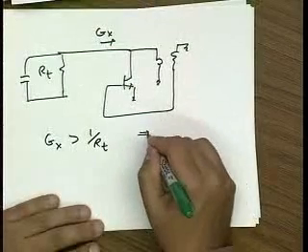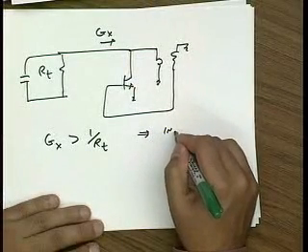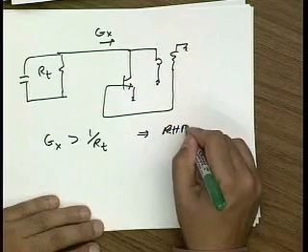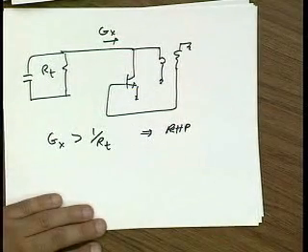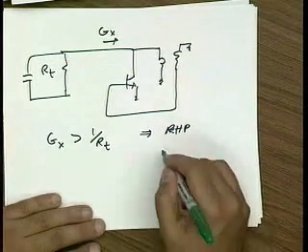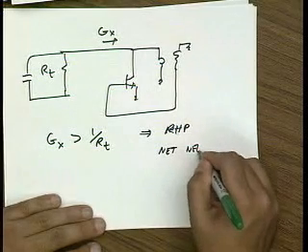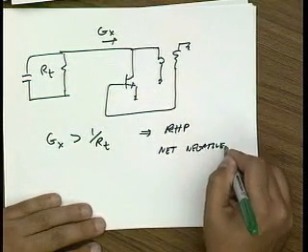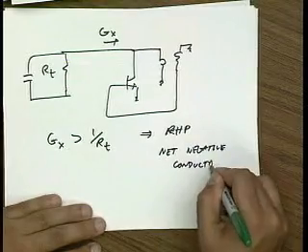So this will guarantee basically a right half plane pole, or net negative conductance.